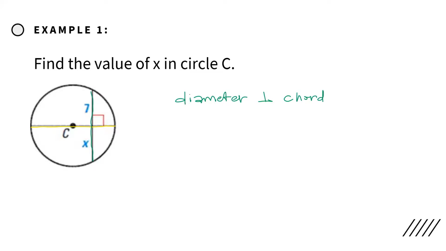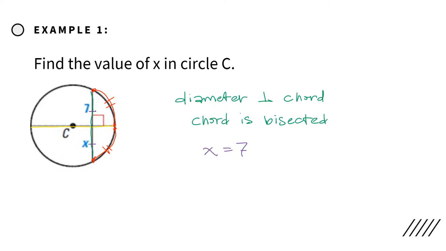That means that the chord is bisected, and these two halves are congruent. That means x is equal to 7. For the record, we would also know that this arc and this arc are congruent.